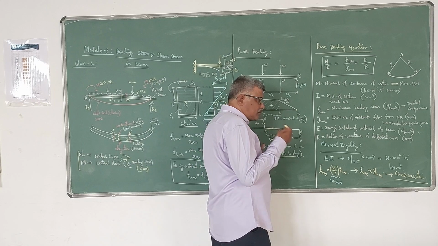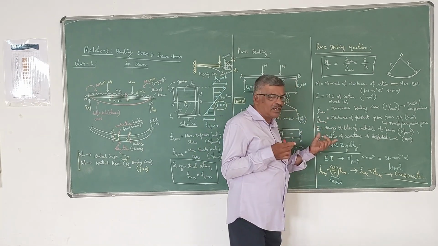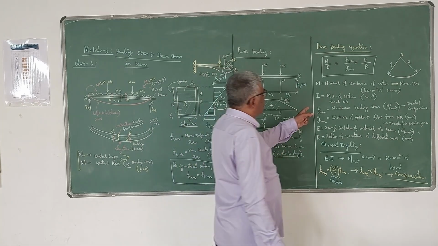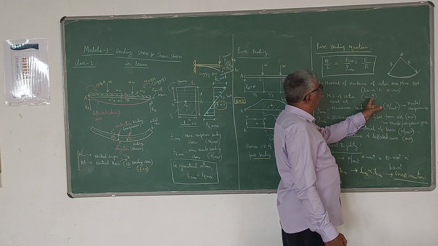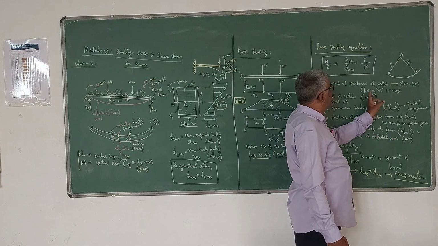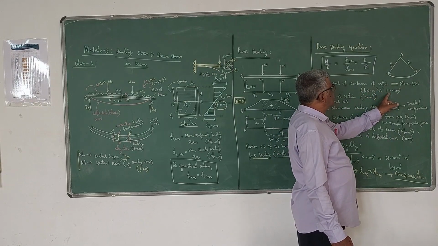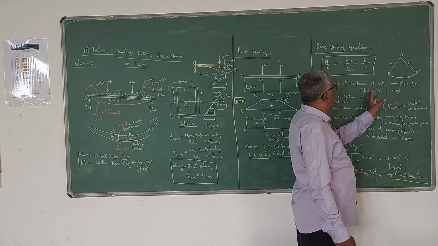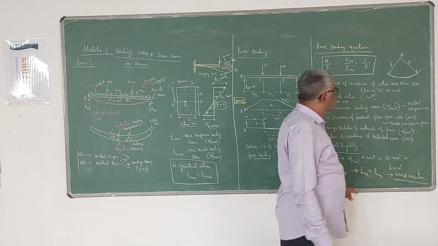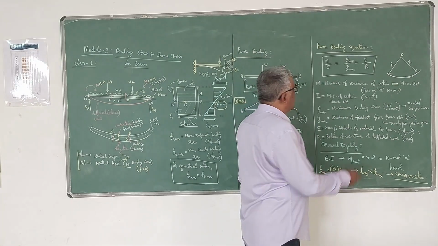Like that, we have to find out the moment of inertia if T section or I section are given. That will be in millimeter power 4. You can see here bending moment will be in kilonewton meter, or you can express that in Newton millimeter. That means 1 kilonewton meter is 10 power 6 Newton millimeter. So you should be very careful about units here.